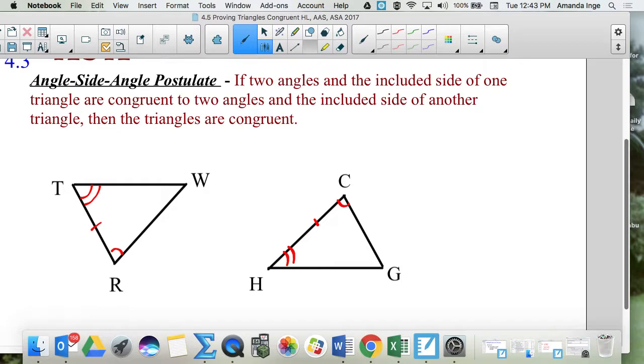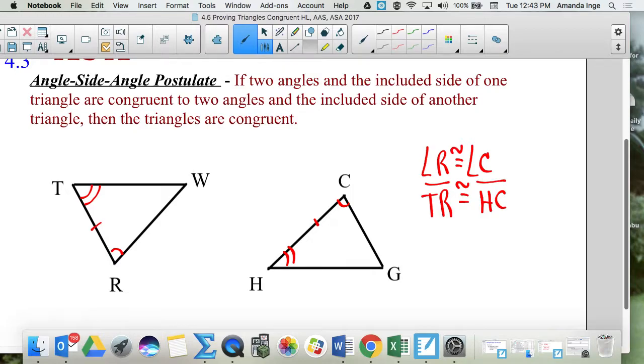So when you were going about proving something like this, you would have angle R is congruent to angle C. You would have side TR is congruent to side, well, I started with T, so I've got to start with HC.